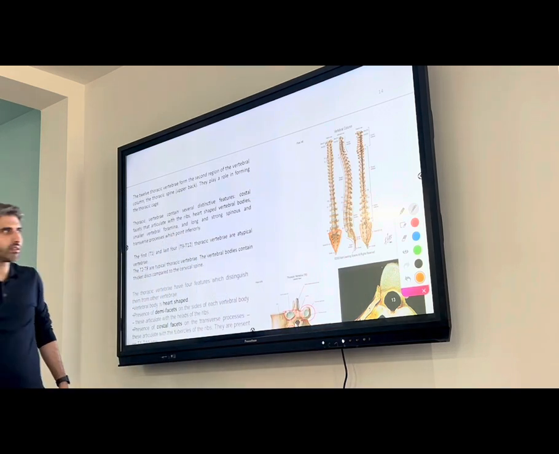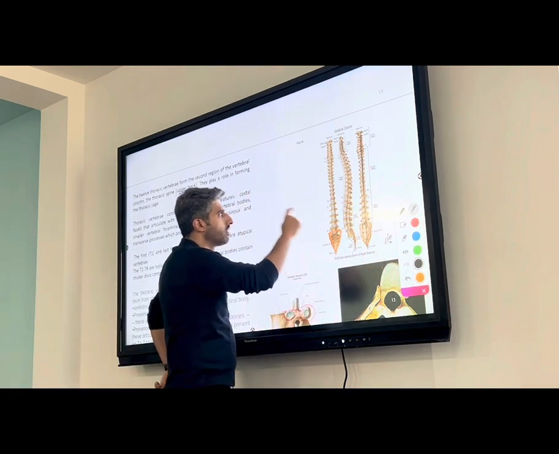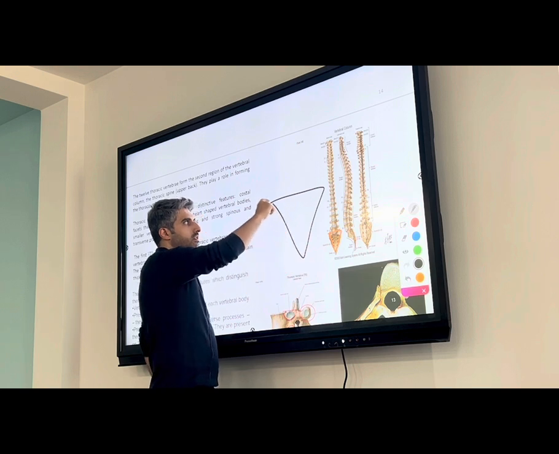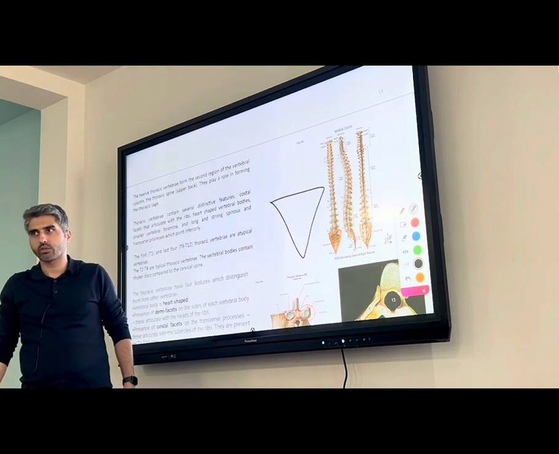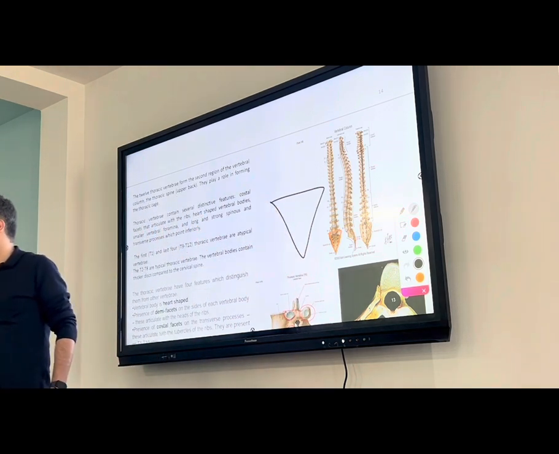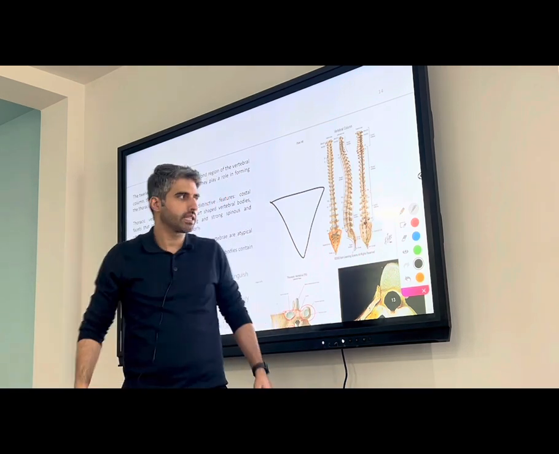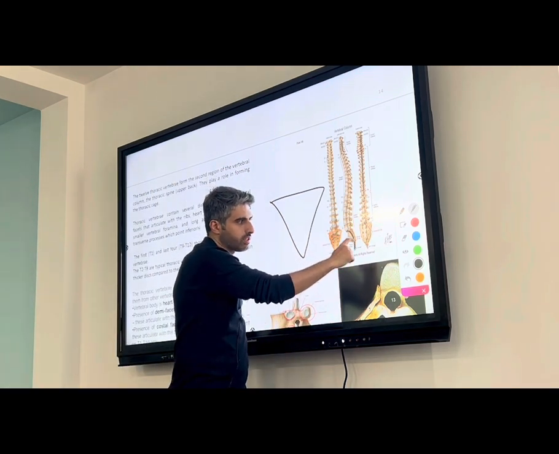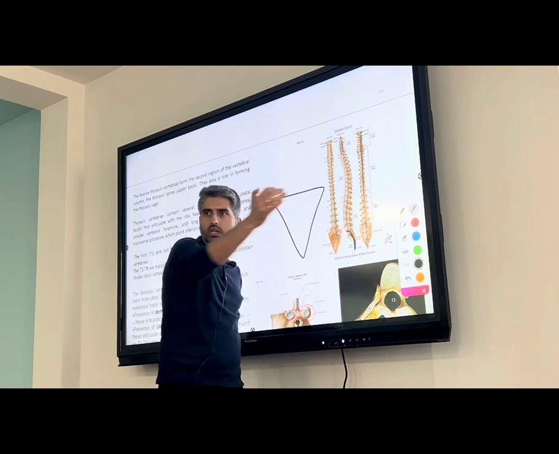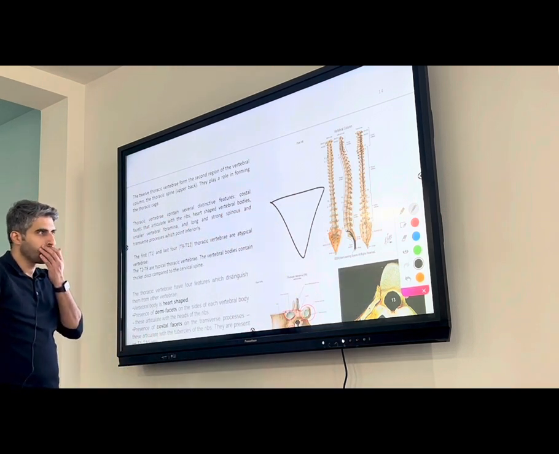It's like a triangle. In the fetus it was 5 bones. Now it's 1. It has 2 surfaces. It's in the pelvis. Look at the curvature I told you, to the posterior side.